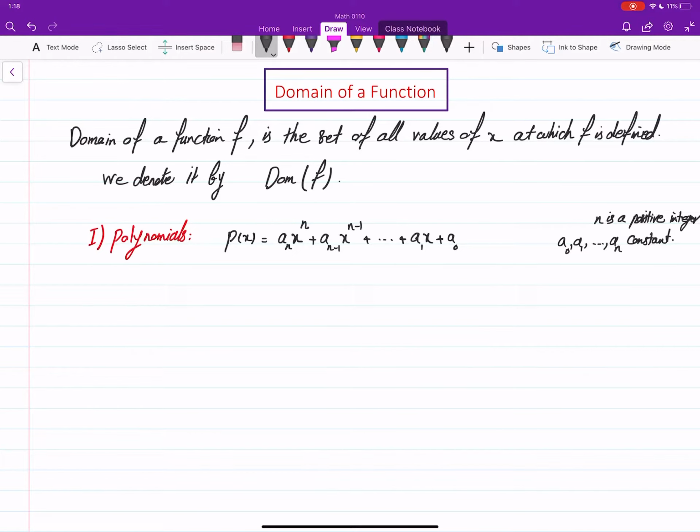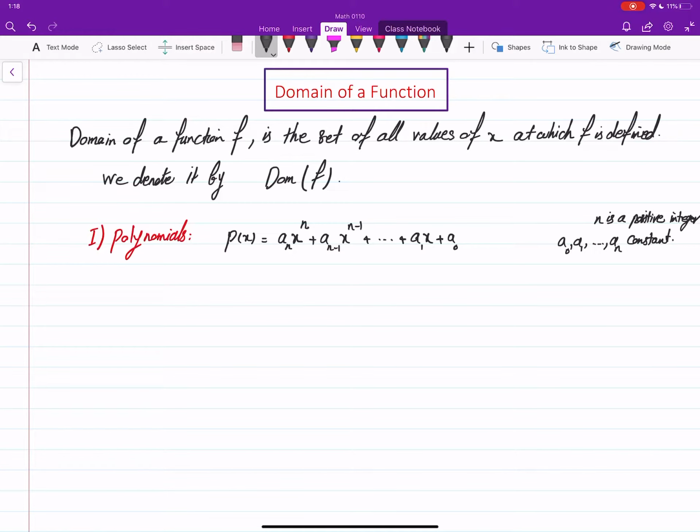So the operations you need to use to evaluate p of x at a point are putting a number in a power, multiplying it by a constant, and adding them. None of these operations have any restriction.